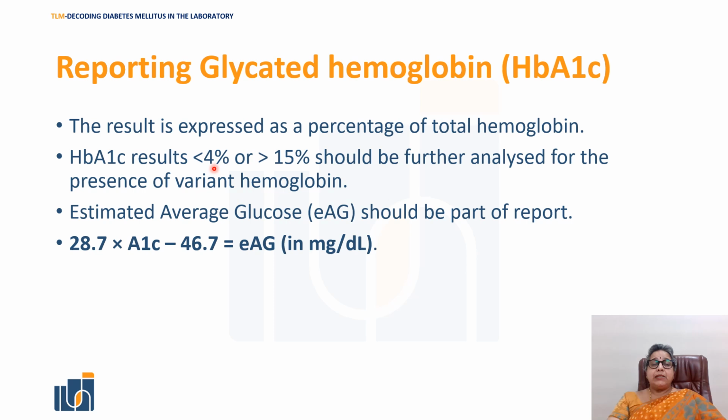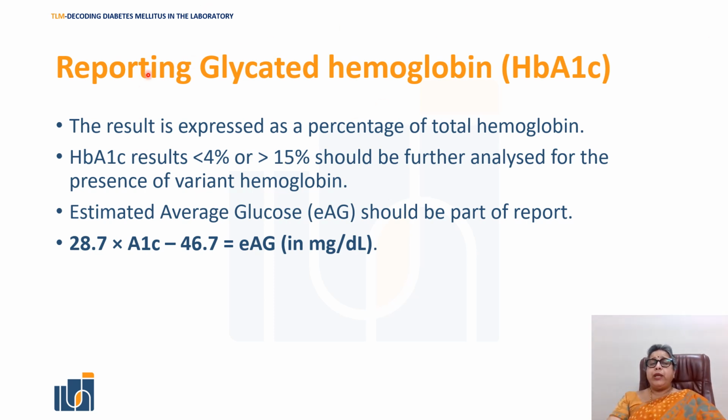Now, HbA1c results less than 4% or greater than 15% should be further analyzed for the presence of a variant hemoglobin. This is a drawback with this method, because if there is a variant hemoglobin, that also gives you a peak and you cannot exactly assess which is your glycated hemoglobin.